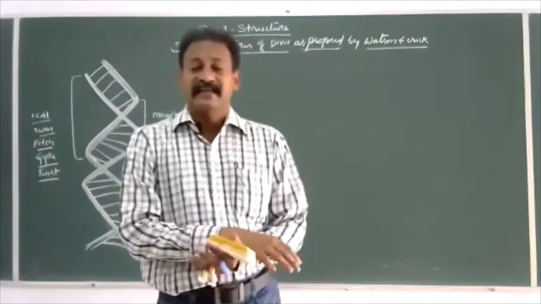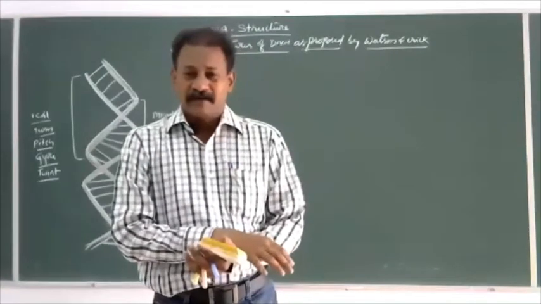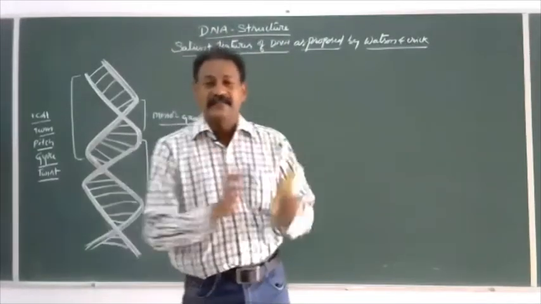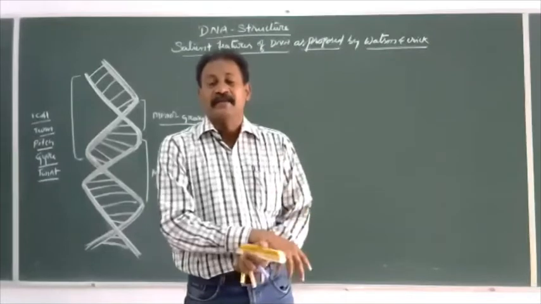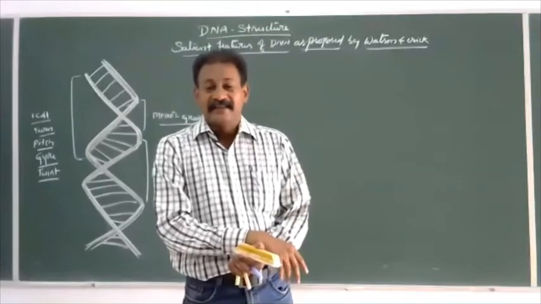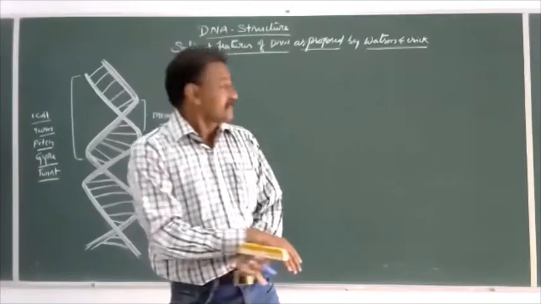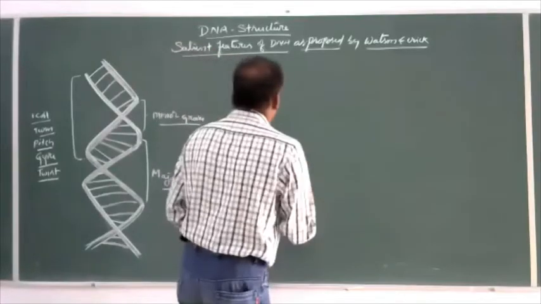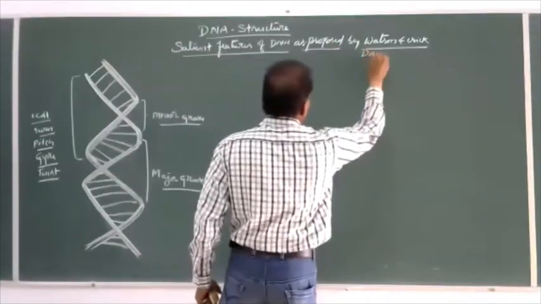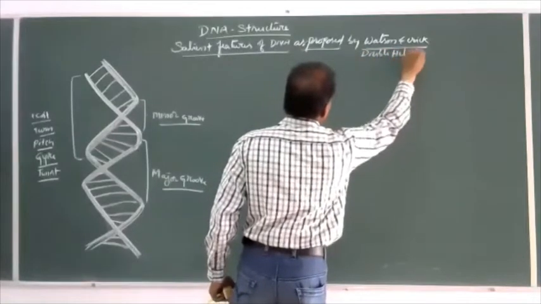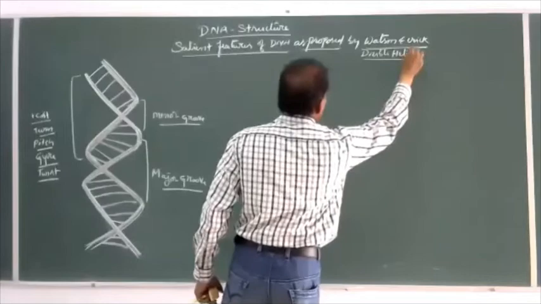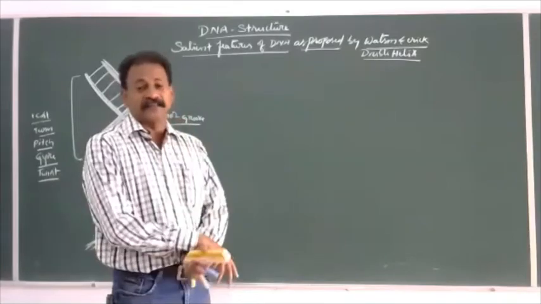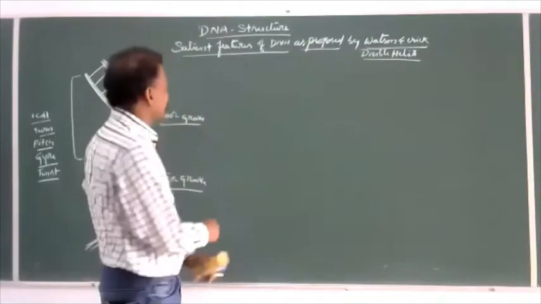So DNA is that biomolecule, macromolecule, which consists of two polynucleotide chains made up of many nucleotides, and these two polynucleotide chains, as proposed by Watson and Crick, are called a double helix. These two polynucleotide chains are parallel to each other and anti-parallel to each other.